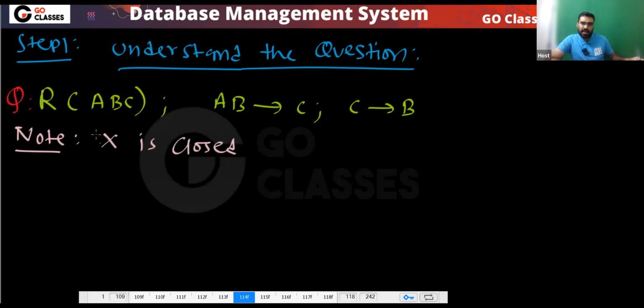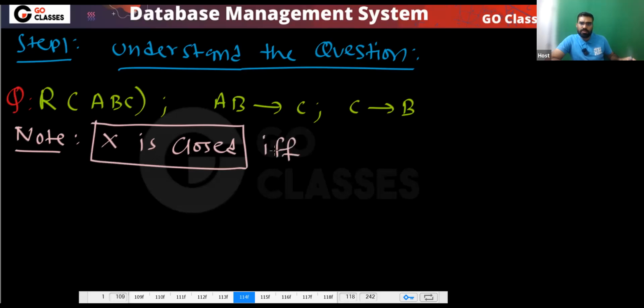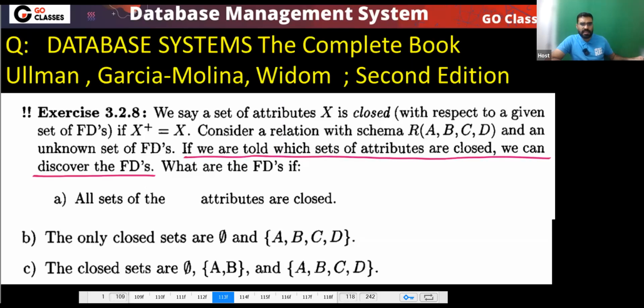The question is saying that we say that X is closed if X plus is equal to X, that is, if the closure of X is equal to X.